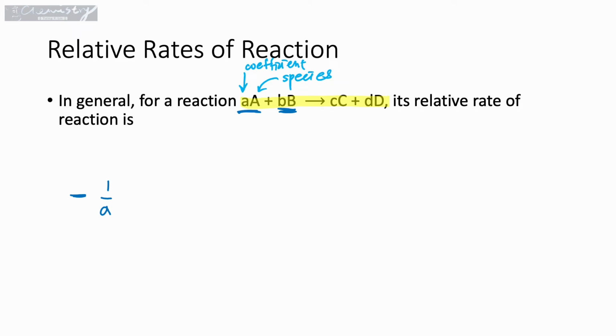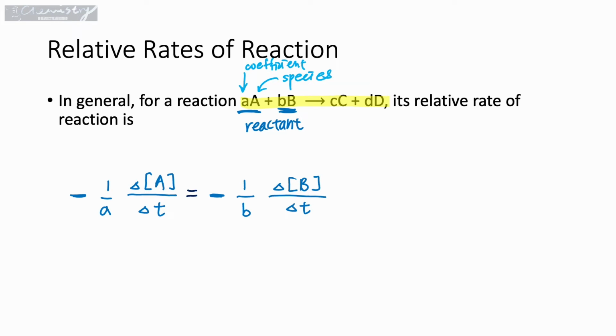The inverse of the coefficient, and then the rate of A, so delta A concentration over time, is equal to, again, we are using up B because B is a reactant. So the concentration of a reactant will be decreasing because we're using them up as we go. Inverse of the coefficient, change in concentration over time.